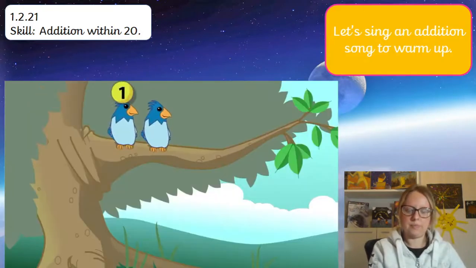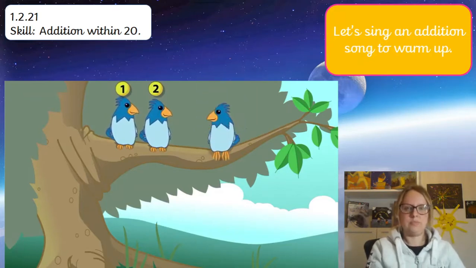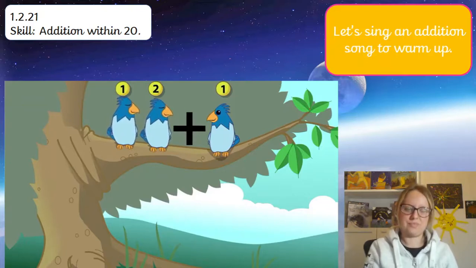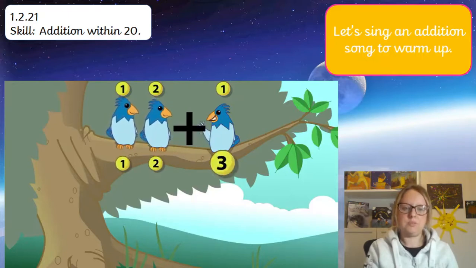Two little birds sitting in a tree. Another bird joined them in that tree. Two add the birds, let's count them all together. 1, 2, 3.